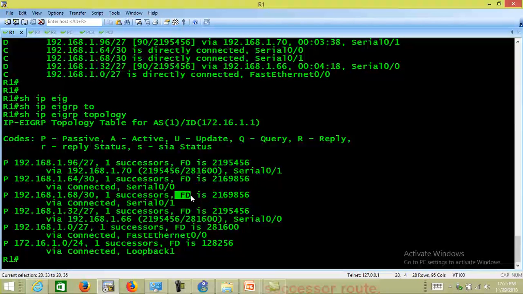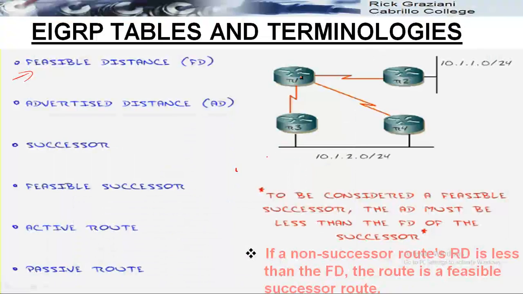Okay, feasible distance, this FD stands for feasible distance. So feasible distance is just the cost. Feasible means practical: is it feasible to do whatever task? So feasible distance is the metric or the cost.